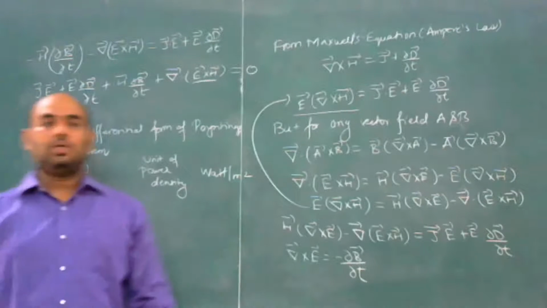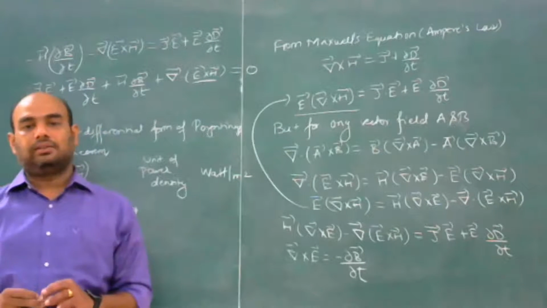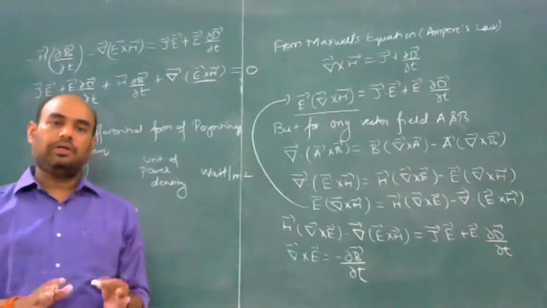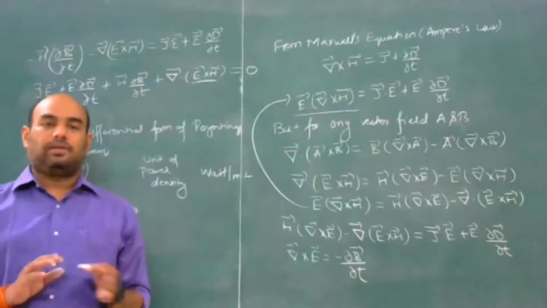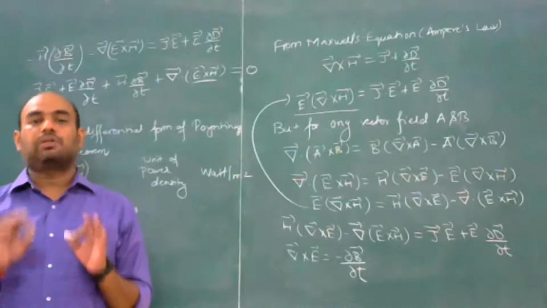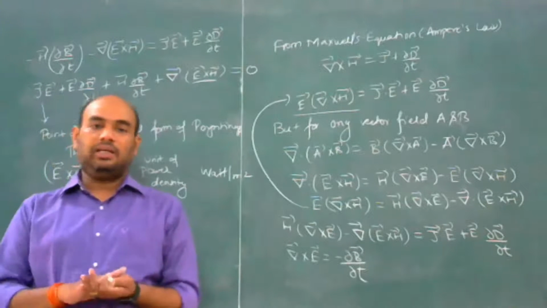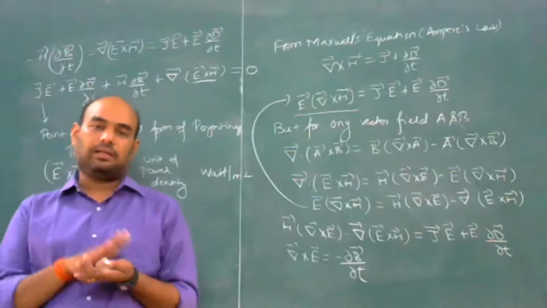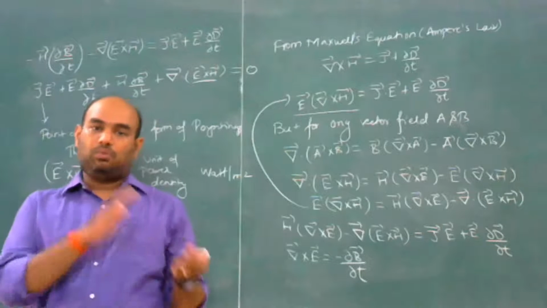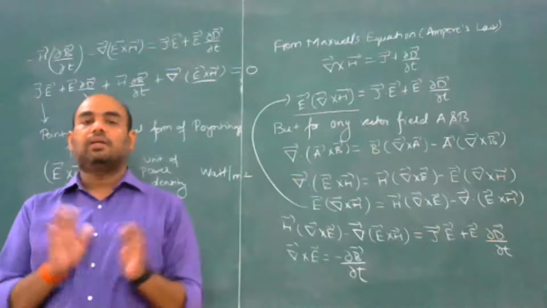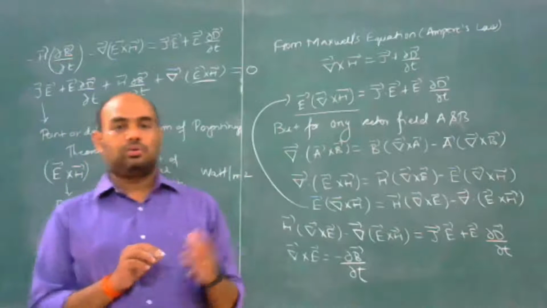The Poynting vector is the instantaneous flow of power per unit area. The direction of the power is normal to the plane containing vector E and vector H, both of which are time varying fields.